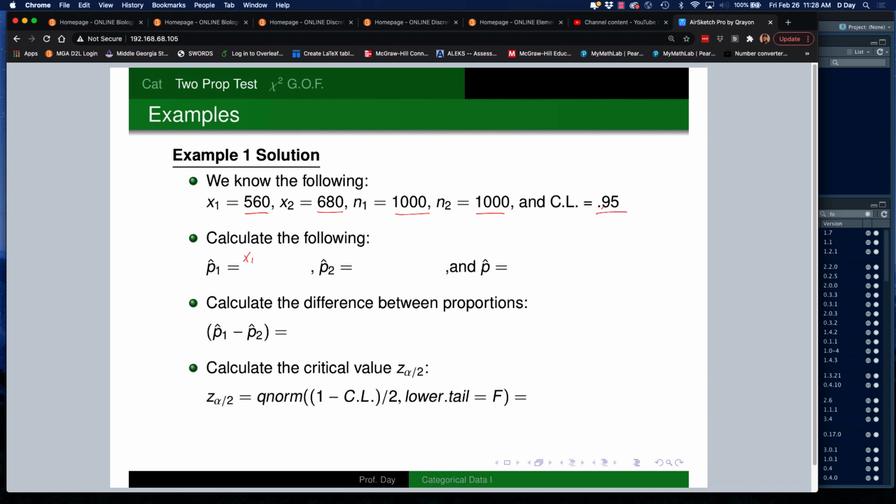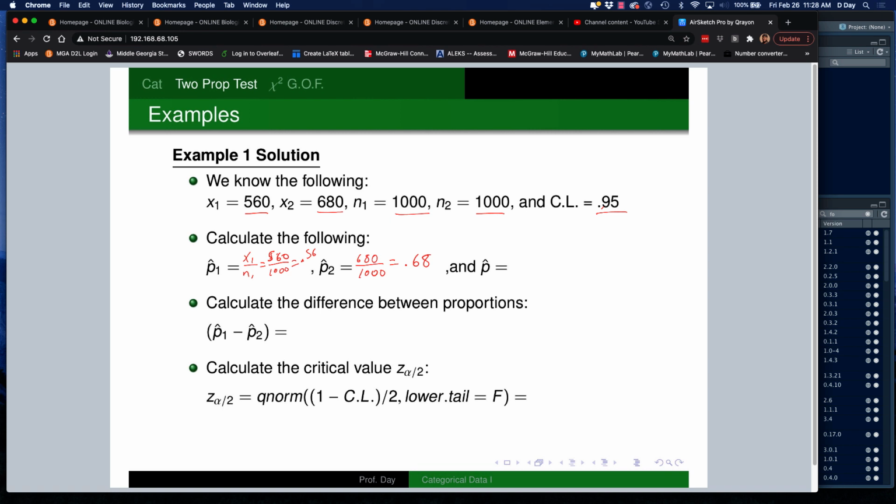P hat 1 is just X1 over N1, so that's 560 over 1000, which equals 0.56. And P hat 2 is 680 over 1000, which is just X2 over N2, equal to 0.68.